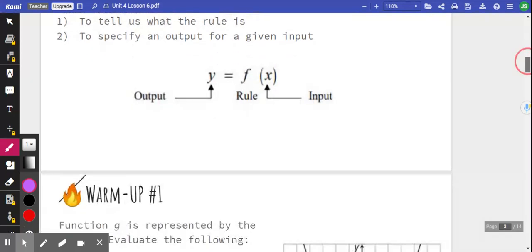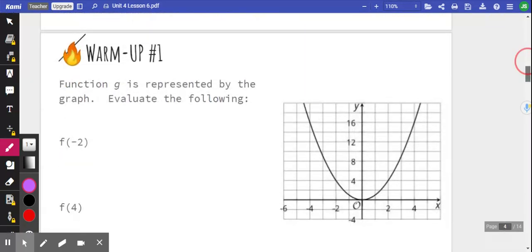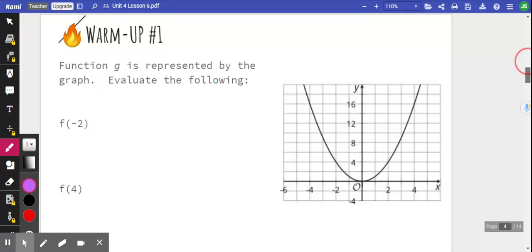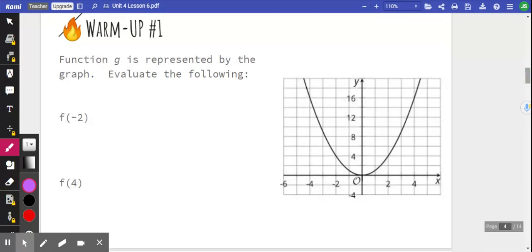So before we get into the parts of graphs, I just wanted to make sure that we touched base again a little bit with evaluating a function from a graph. Okay, so we did this a couple days ago. Some of you may or may not remember it. So we're going to go back through again. So here we have a function represented by this nice curved graph.